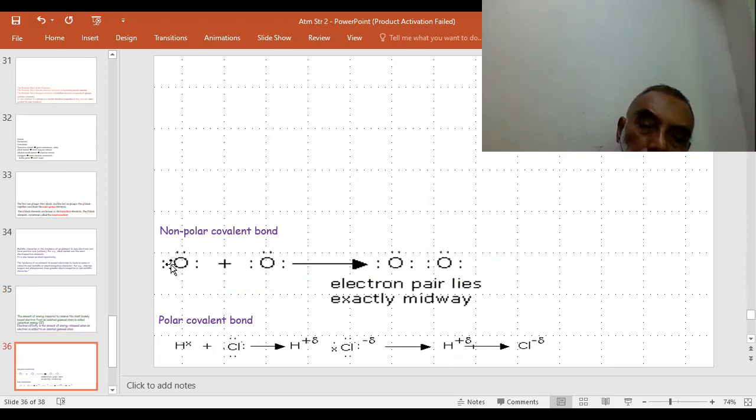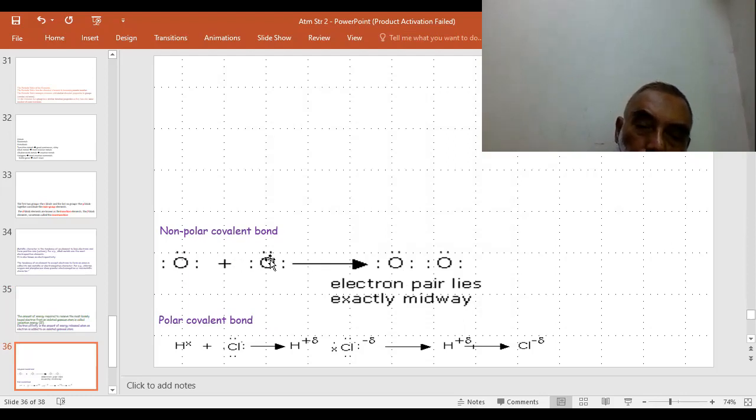Regarding the nature of bonds, when 2 atoms of similar electronegativity are attached together, say 2 oxygens, by sharing 2 and 2, 4 electrons, they form a double bond. This is an example of a covalent bond, and it is non-polar.